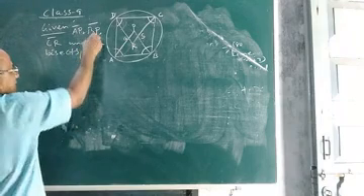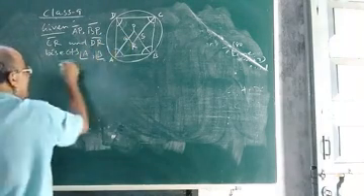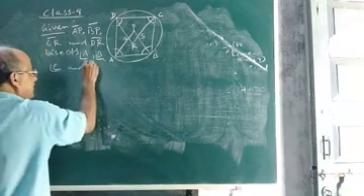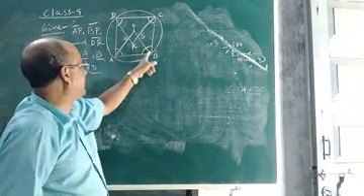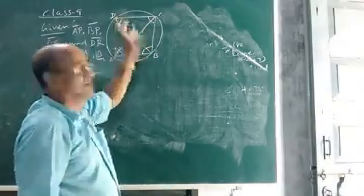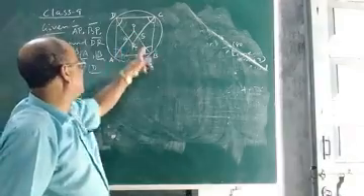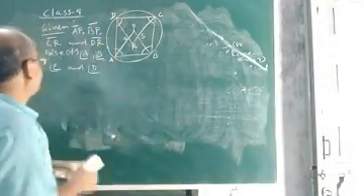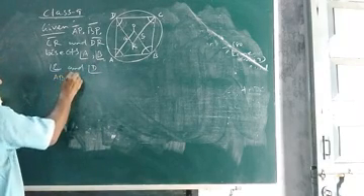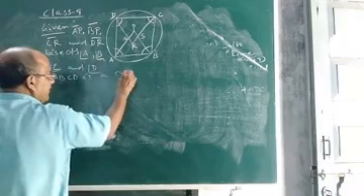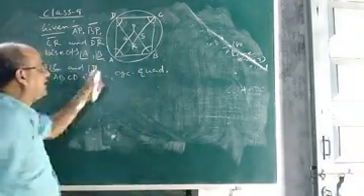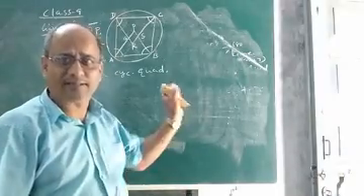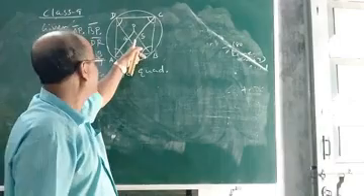AP bisects angle A, BP bisects angle B, CR bisects angle C, and DR bisects angle D. That means AP, BP, CR and DR are the bisectors of the four angles of the cyclic quadrilateral. And you are given ABCD is a cyclic quadrilateral, and AP, BP, CR and DR are the four bisectors of the four angles A, B, C and D.